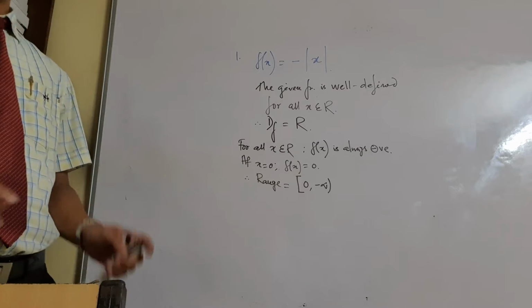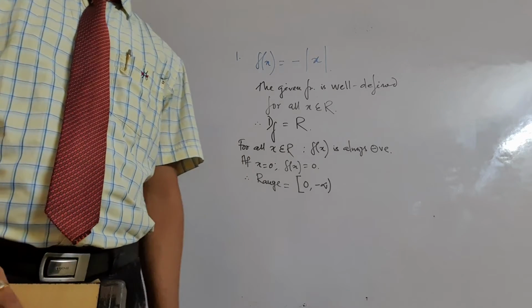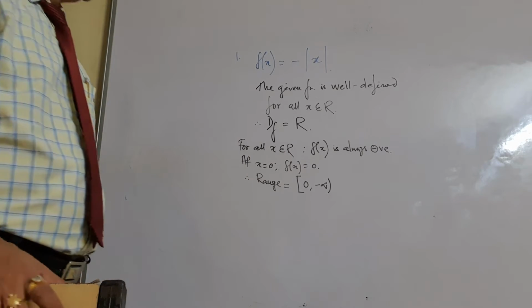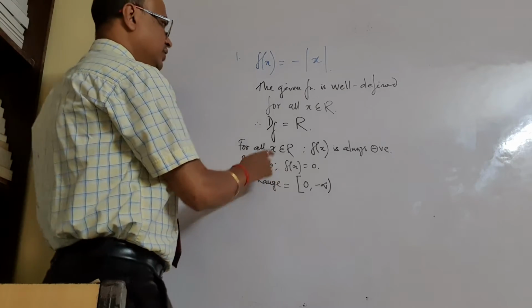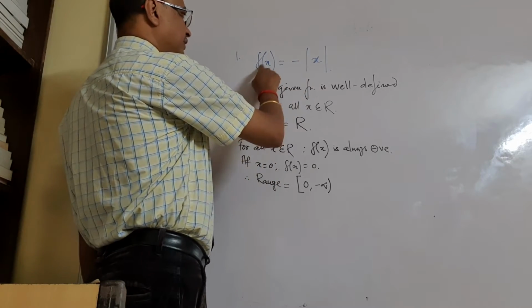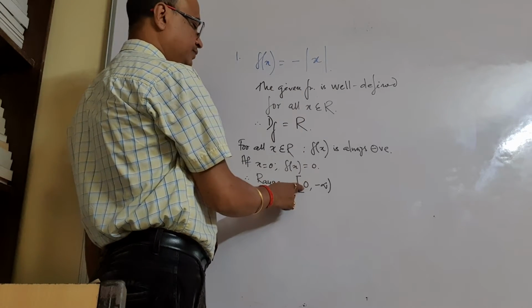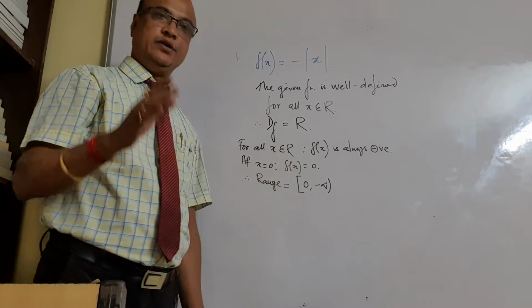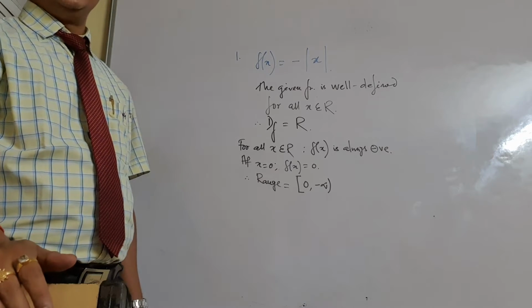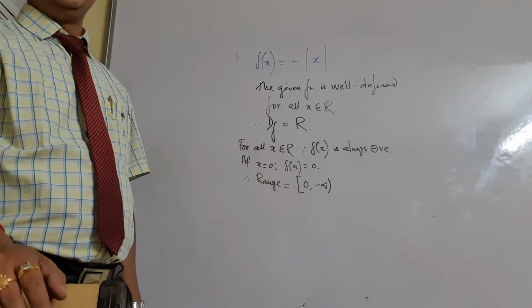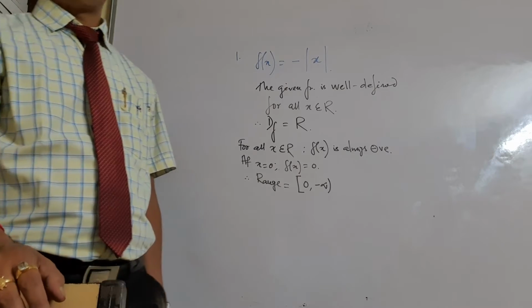If you put x equal to 0, we get f of x equal to 0. So the least value of the function is 0, or otherwise it can be any negative number. So the range will be 0 to minus infinity.